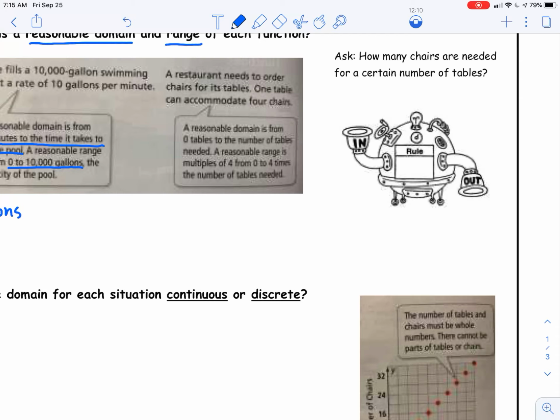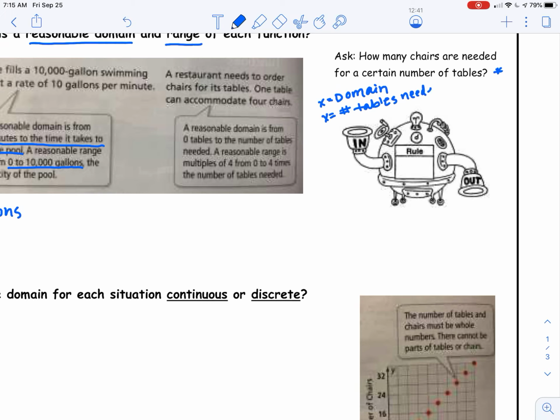If you have no tables in there, you need no chairs, right? 1 table, you're going to need 4 chairs. 2 tables, you're going to need 8 chairs. So you have to ask yourself how many chairs are going to be needed for a certain number of tables. And that question is right here. That's what you're trying to think in your mind. So my X, which is my domain, is going to be representing the number of tables needed, or the number of tables that there are.